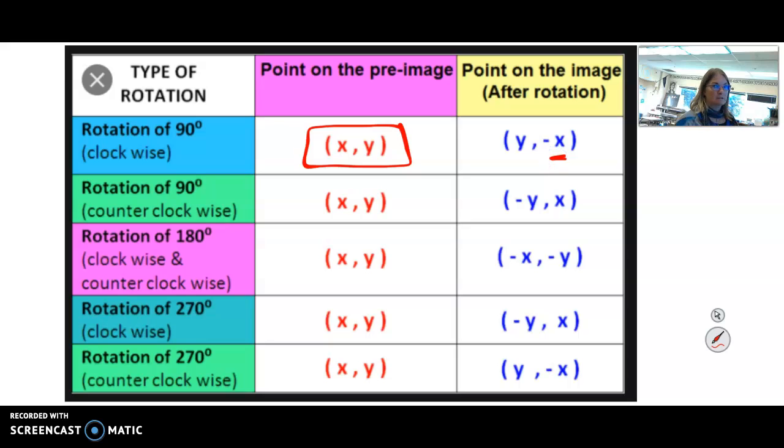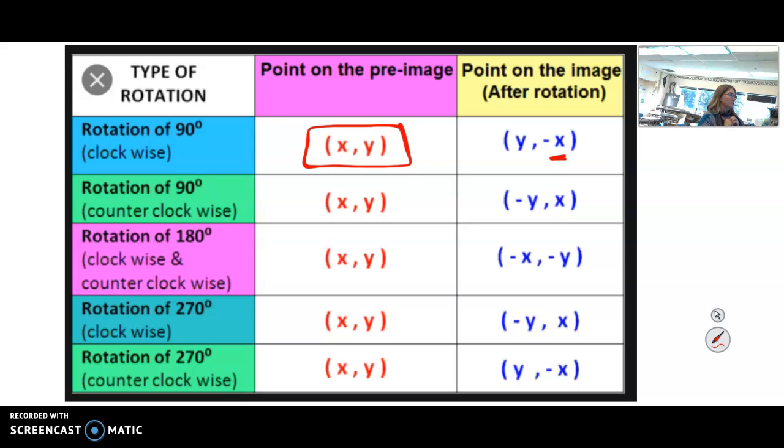So if you're having trouble deciding what degree of rotation it is, you can check this chart and make that decision based on this. Write down all your pre-image coordinates, write down your image coordinates, and see if it fits any of these forms.